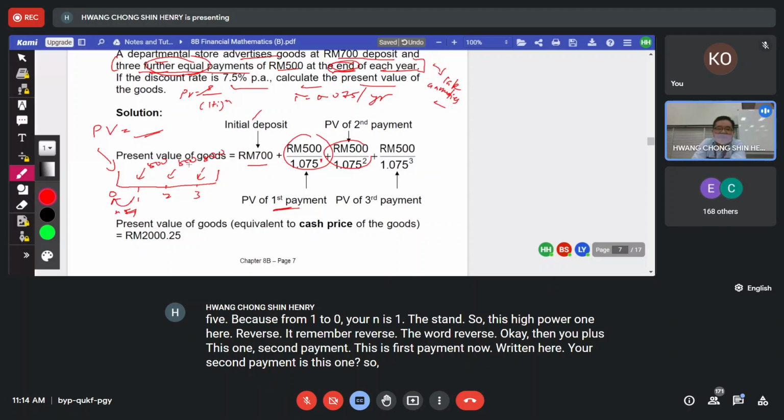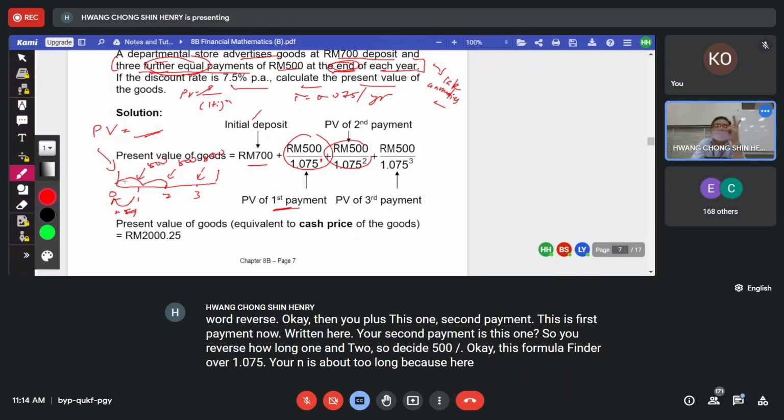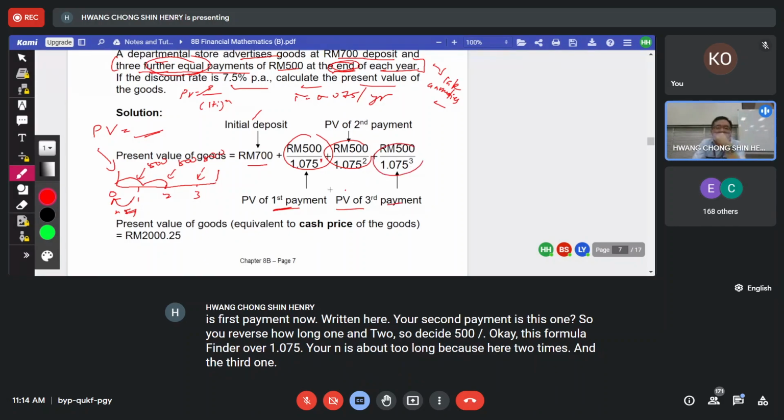So you reverse how long? 1 and 2. So that's why 500 divided by 1.075, your n is 2 because here 2 times. And the third one, from here, 1, 2, 3. So what's your PV? 500 divided by 1.075 power of 3.